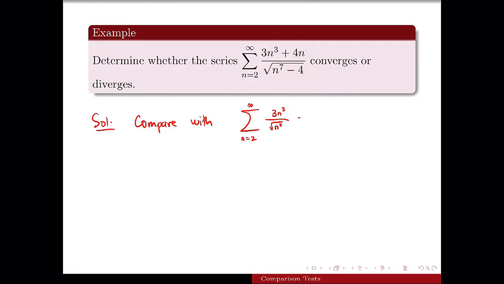And then you simplify this. The series, n from 2 to plus infinity, you have 3n cubed divided by n raised to 7 halves, correct?